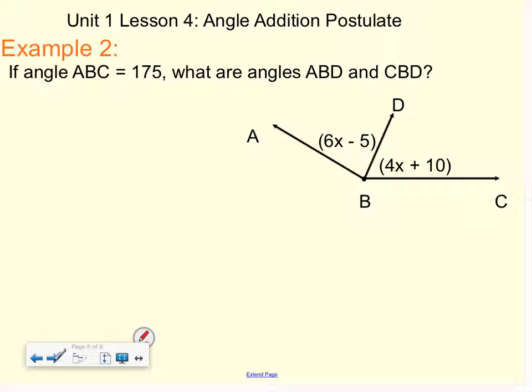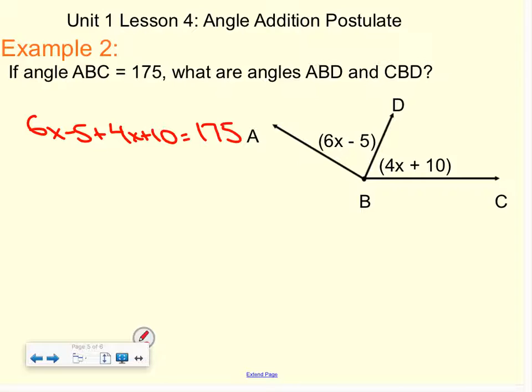Okay, moving on. Here, using the angle addition postulate. It says angle ABC is 175. That would be the entire thing. What are the measures of those two interior angles? Well, the angle addition postulate says if I add up those two things, 6x minus 5 plus 4x plus 10, then I would get the entire angle, which I know to be 175.